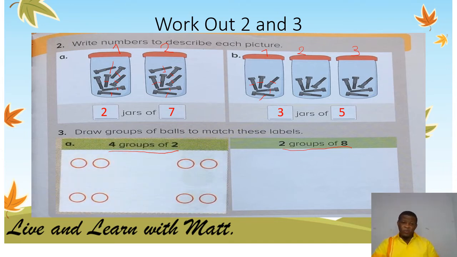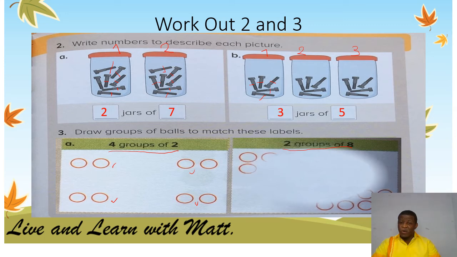We have 2 balls in each group and we have 4 groups, 1, 2, 3, and 4. 4 groups of 2. Now, for 2 groups of 8, it looks like this. We have 8 balls in each group. So we have 2 groups of 8.